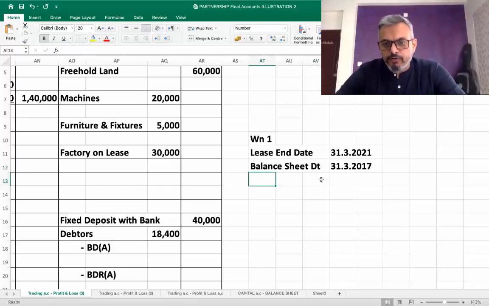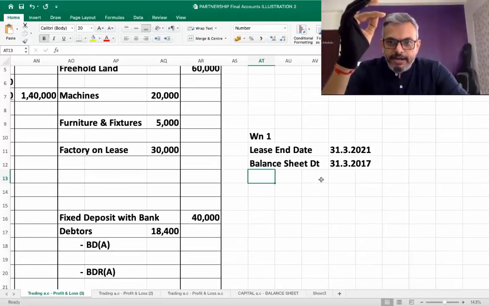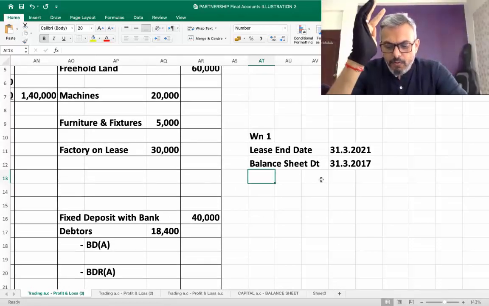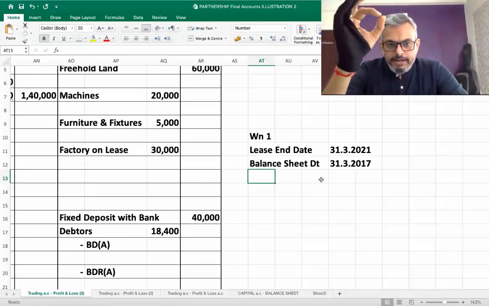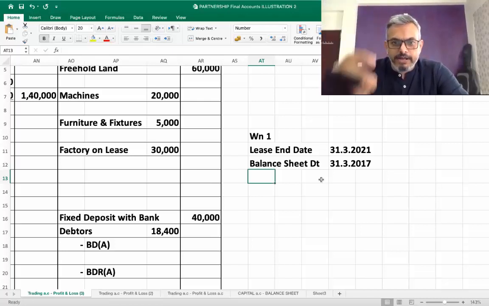So we will have to find out how many years this lease is for. Balance sheet date is 17. So we have to consider the full years as 16-17, 17-18, 18-19, 19-20 and 20-21.